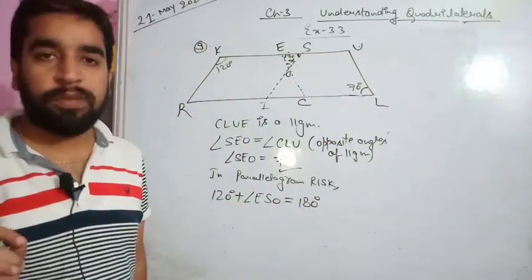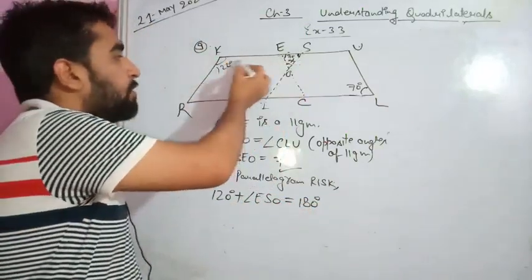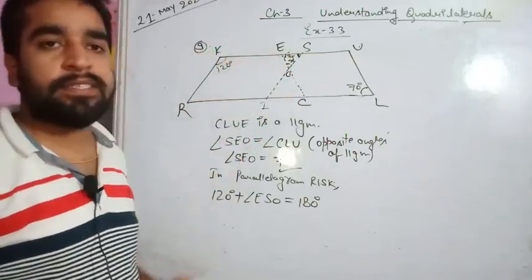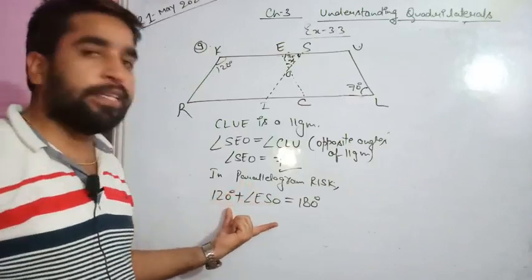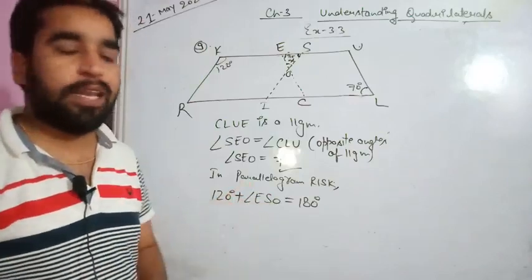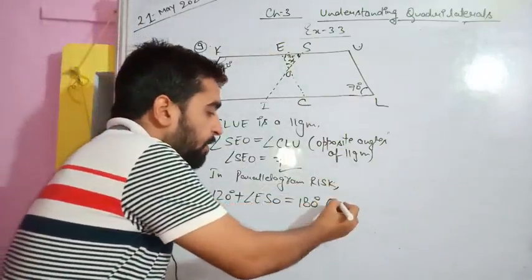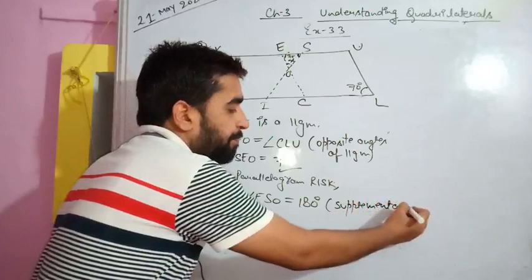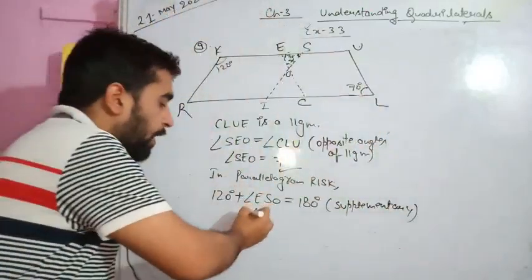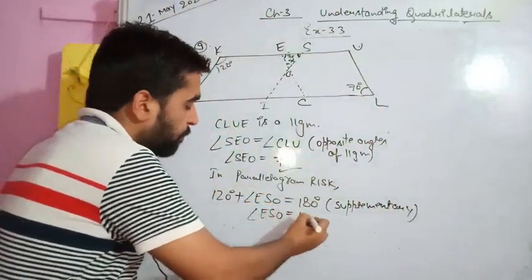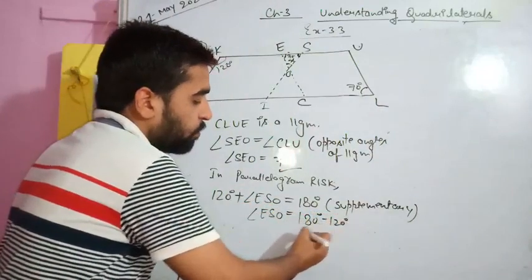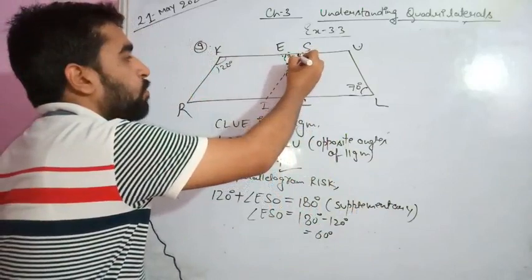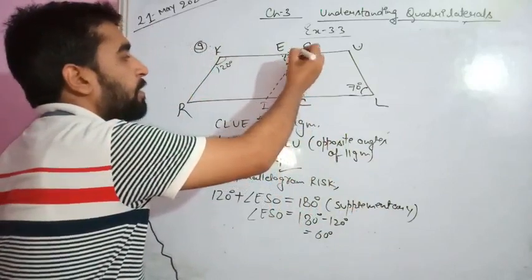Why will the sum of these two be 180? Both angles are adjacent angles of parallelogram. Why are both adjacent angles? As one side KS is common. So adjacent angles are supplementary in case of a parallelogram. So we will mention this, supplementary. So angle ESO will be how much? 180 minus 120. So this will be 60 degree. As there is no space, I am writing this here. This angle is 60 degree.